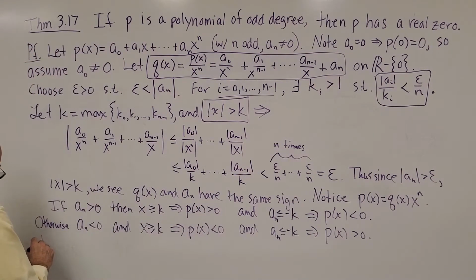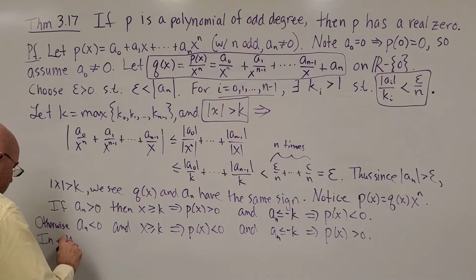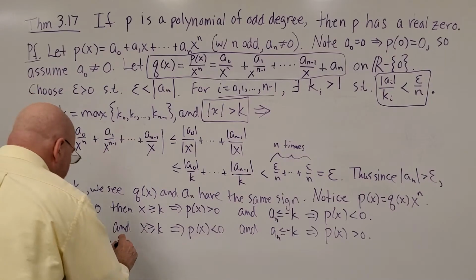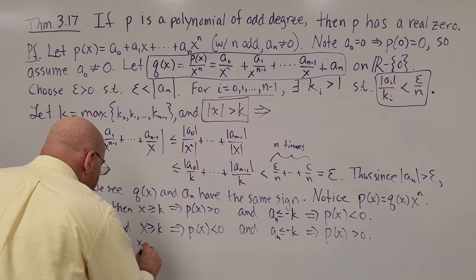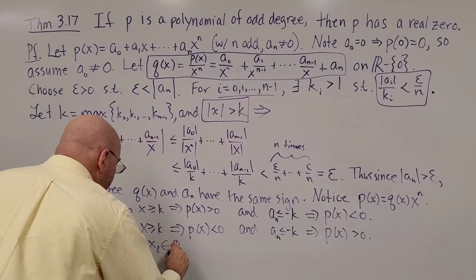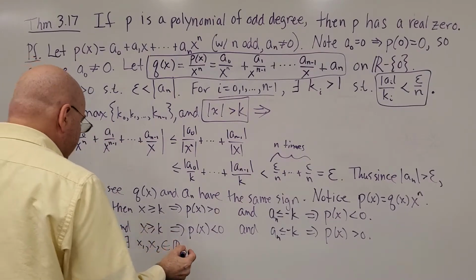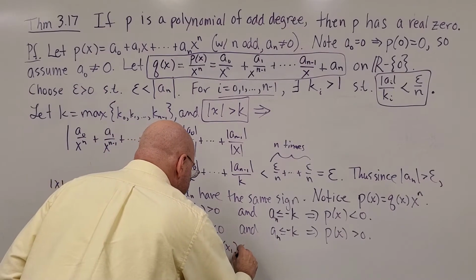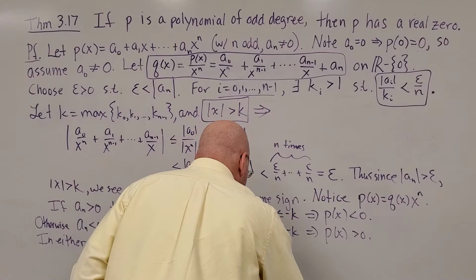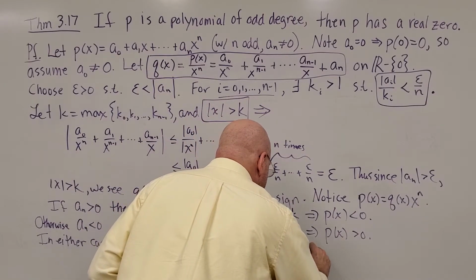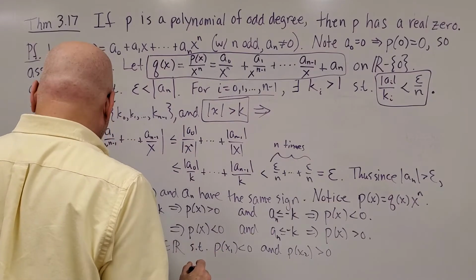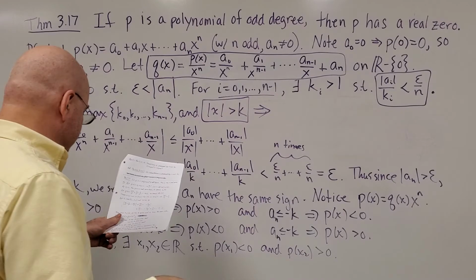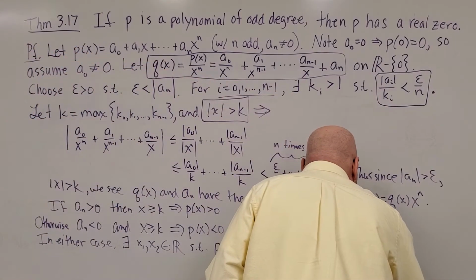So in either case, there exists an x1 and an x2 in the real line such that P of x1 is less than 0 and P of x2 is greater than 0. So we're basically done. One more concluding sentence.